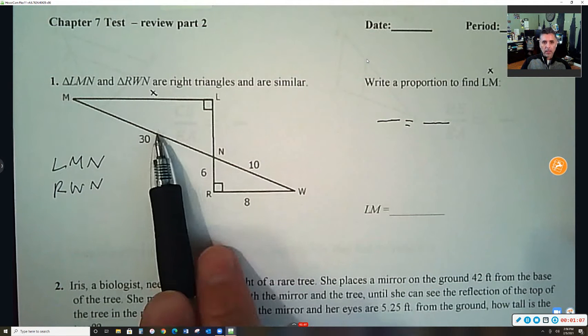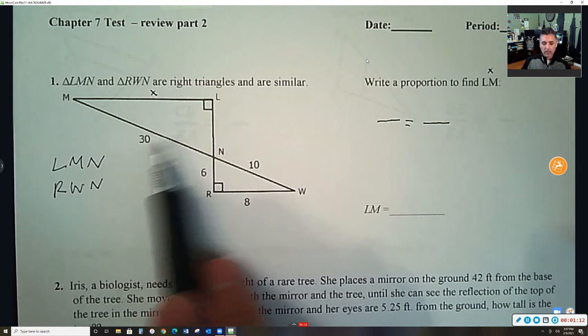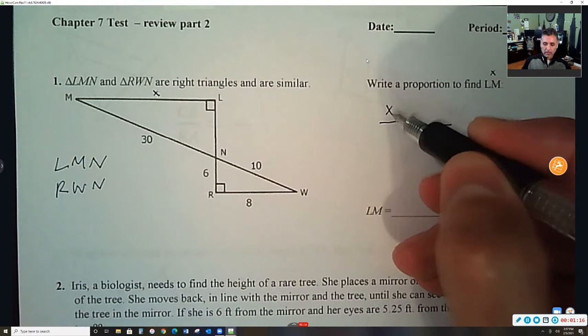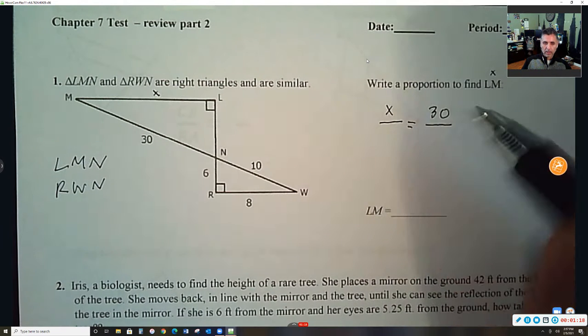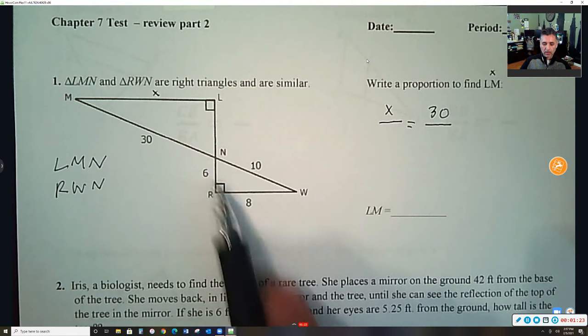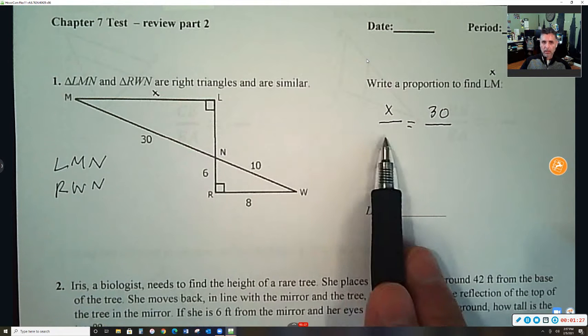Now this top triangle, I have two measurements for the top triangle, X and 30. There's nothing over here. So I'm going to put X and 30 on top. And then I need to find out which one of these sides from the other triangle match up with X, because then I can put it underneath here.